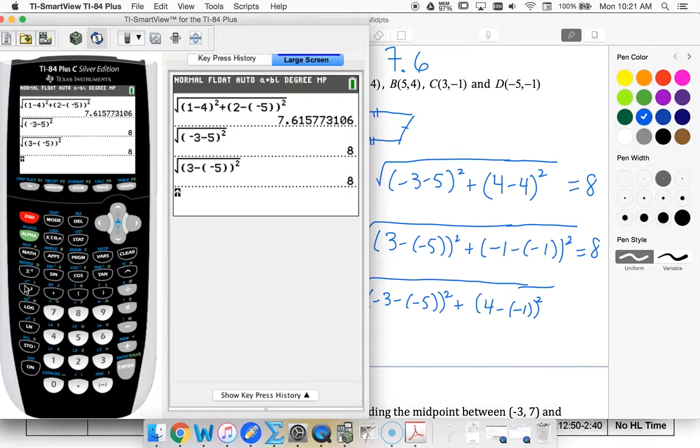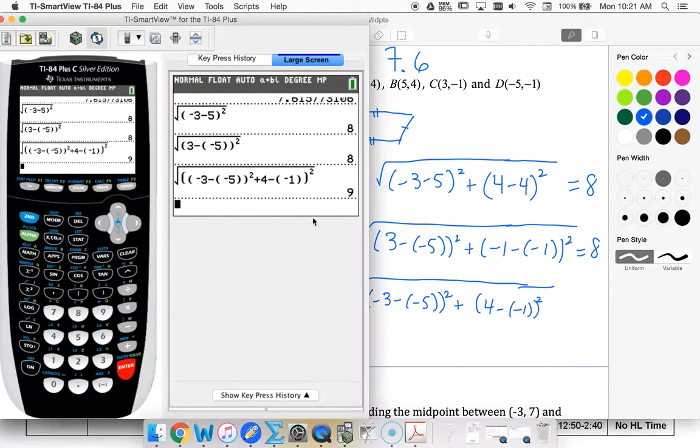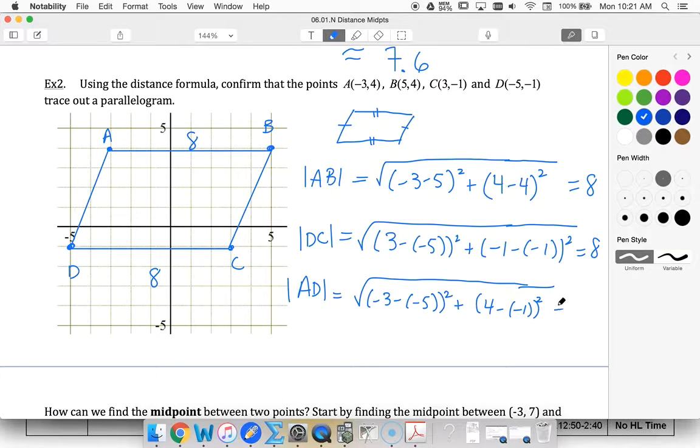All right, square root of -3 minus -5. Oops, -5 squared plus 4 minus -1 squared, and I get 9. That seems too long.